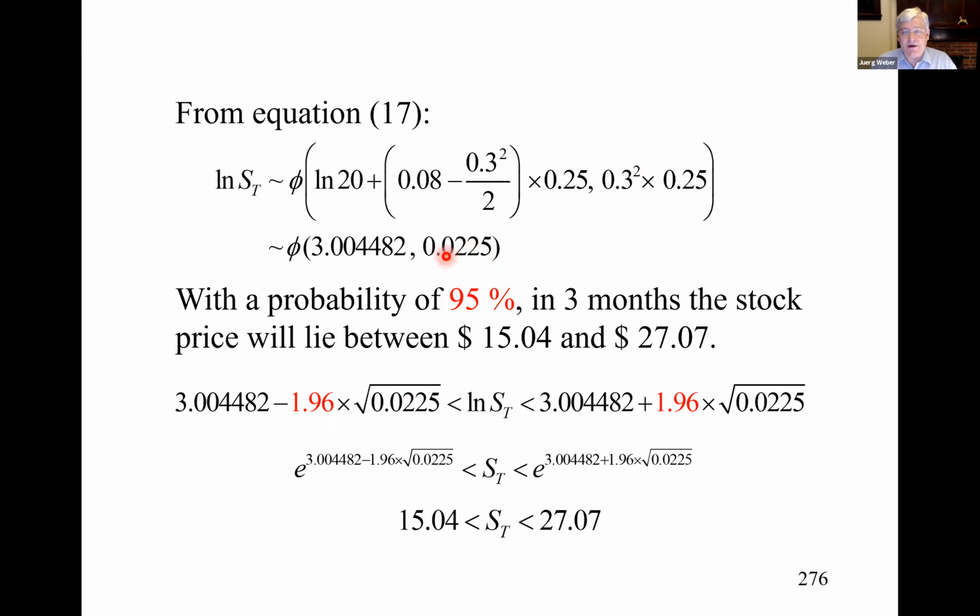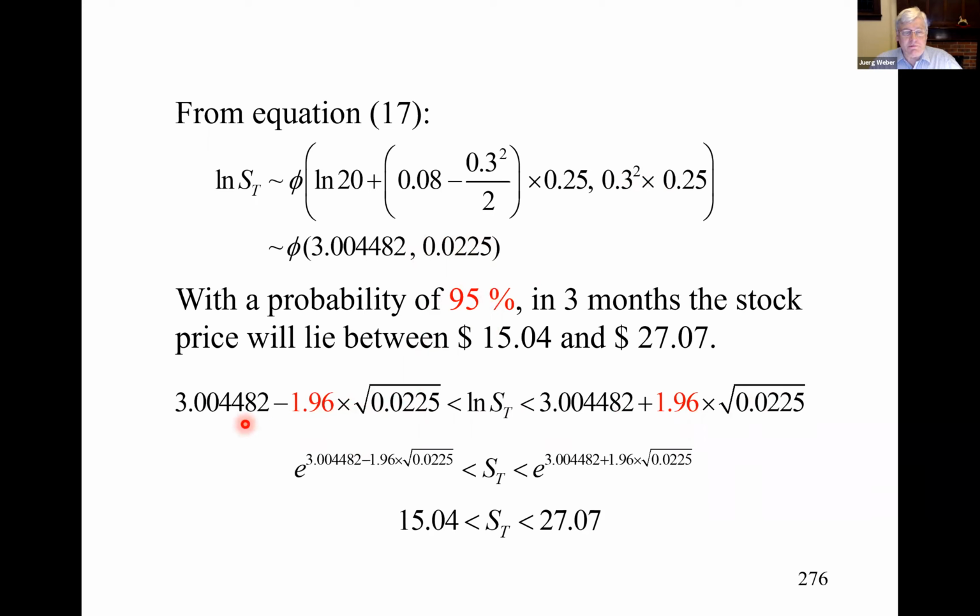So I have now here to take the root. Okay, so here are a lot of opportunities to make silly mistakes. So be careful. So here it's a standard deviation. So here we need now the 95% confidence interval, which is roughly plus minus 2 standard deviations. So here we now work with the standard deviation.